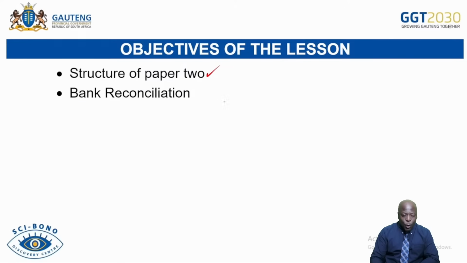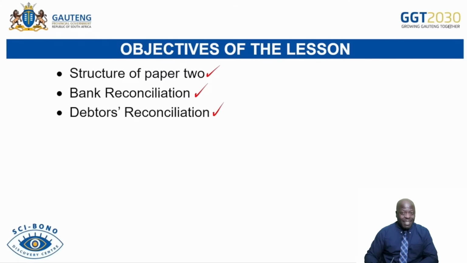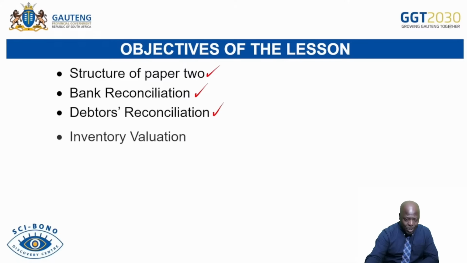I'll also not be able to cover bank reconciliation because of time. So you have to be able to do bank reconciliation in your own time. Debtors reconciliation is a topic that needs to be covered, but we will not be able to cover that in today's lesson. Debtors reconciliation, I'll also not be able to cover due to time.